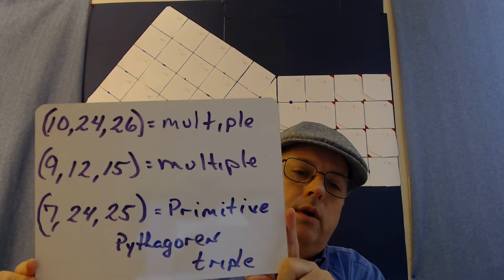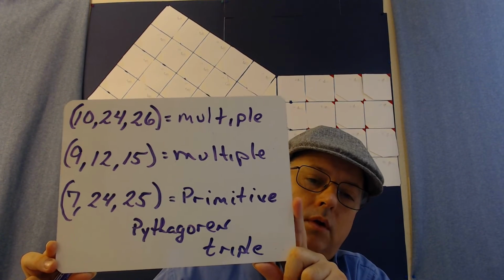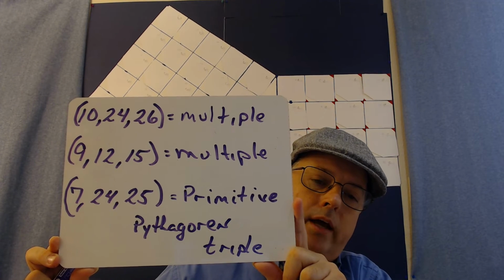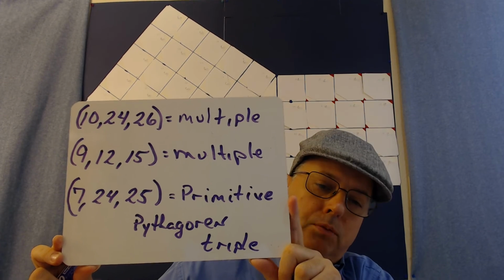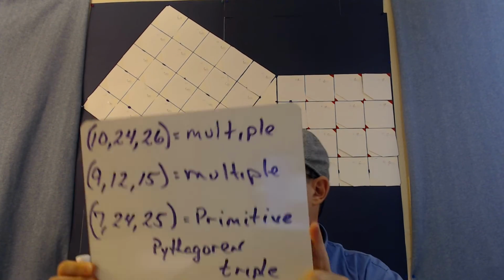Okay, so 10, 24, 26 is a multiple of a primitive Pythagorean triple, as is 9, 12, 15. And so check this out. Let's find out why that's true.